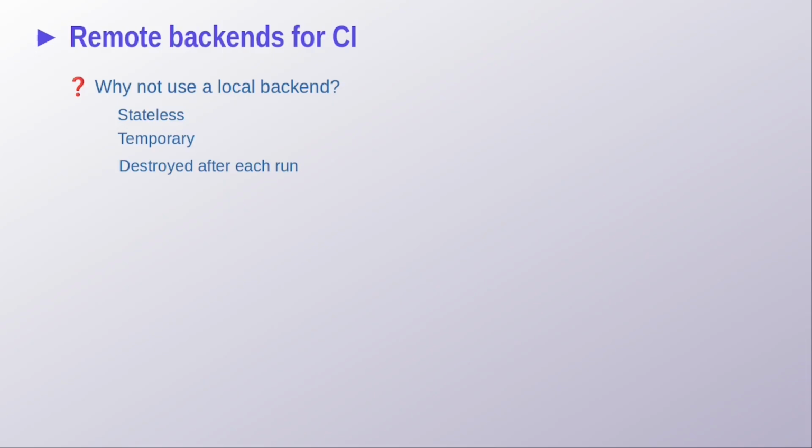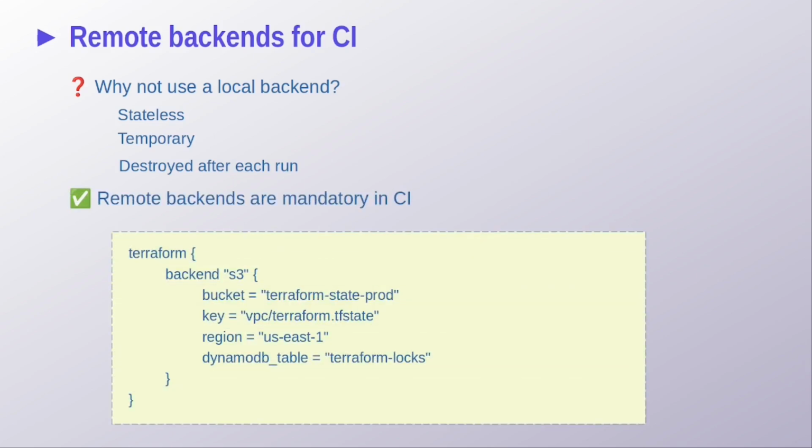This is broken Terraform. Remote backends are mandatory in CI. Benefits: a remote backend gives you shared state across the team, state locking, safe parallel execution, reliable CI/CD. If you use Terraform in CI without a remote backend, you are doing it wrong.